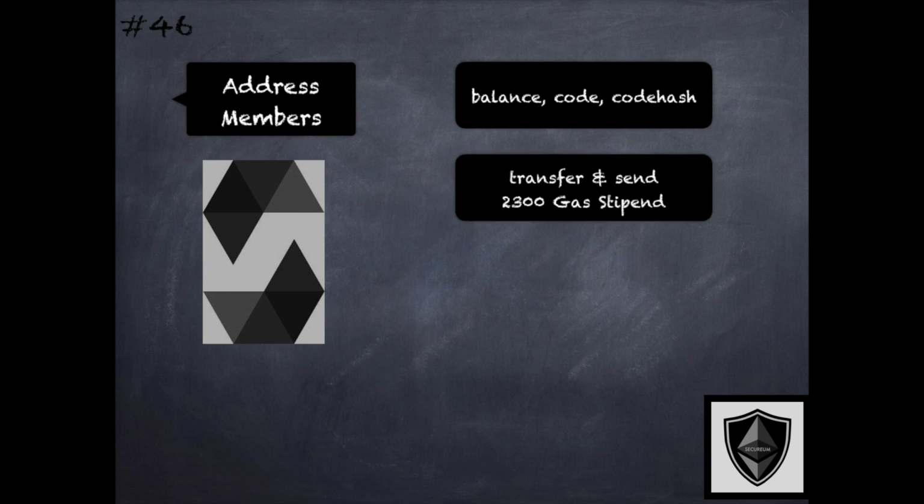There are also the transfer and send members that are applicable to the address payable types. And these primitives, as we talked about earlier in the context of the receive and fallback functions, make calls to the addresses that are specified by supplying a limited gas stipend of only 2300 gas units.